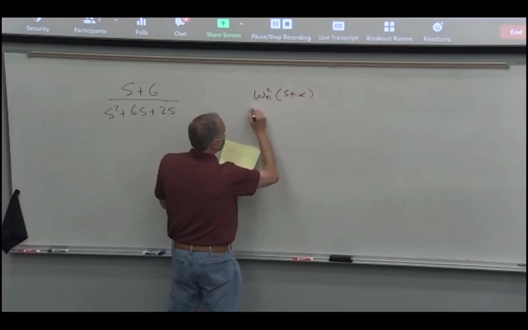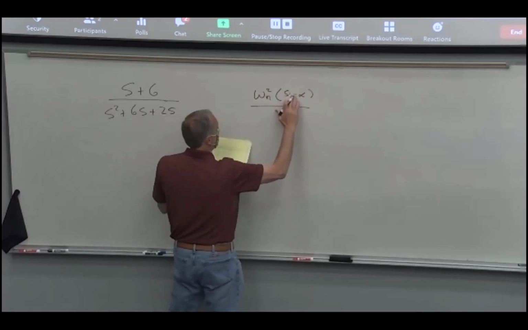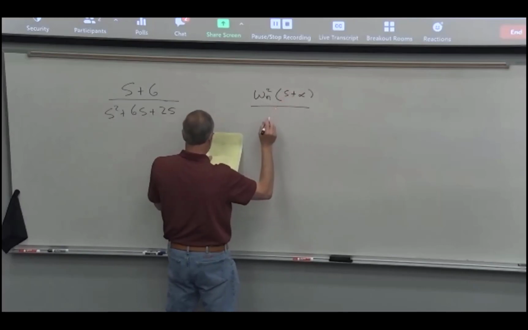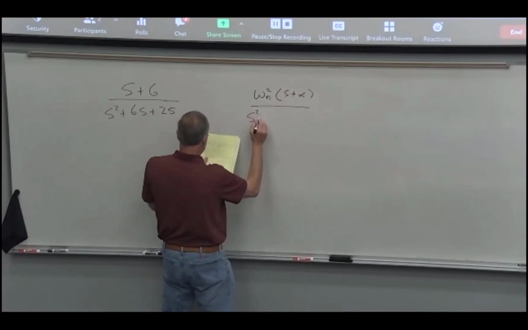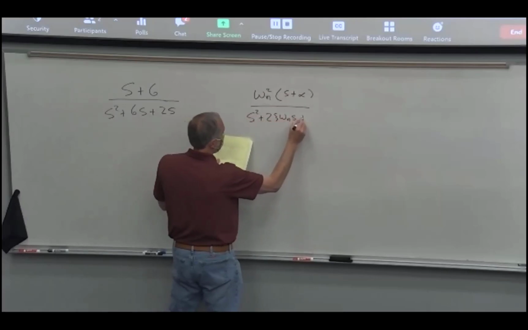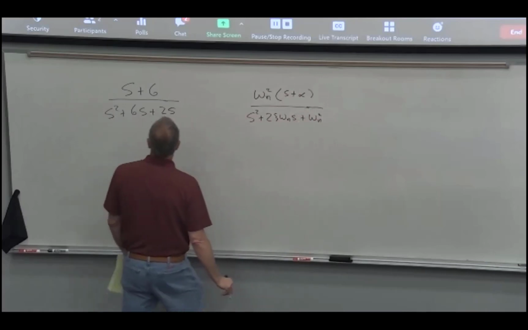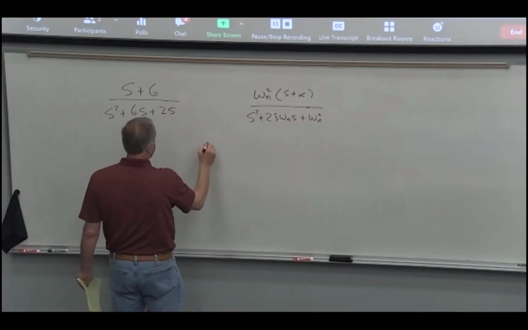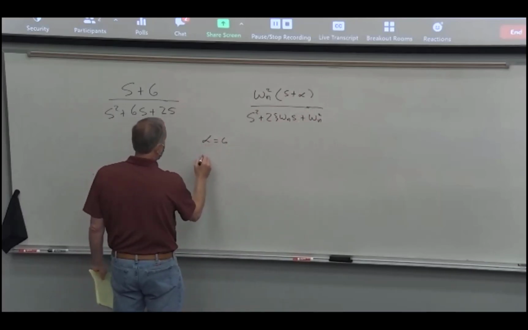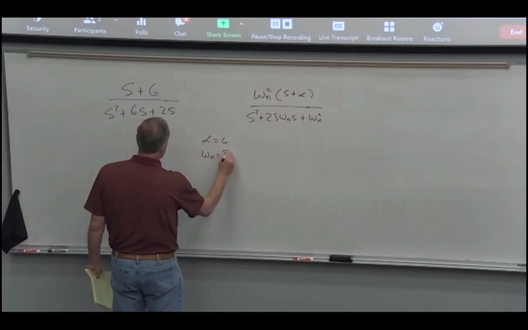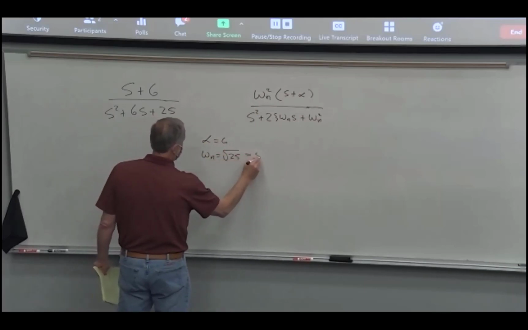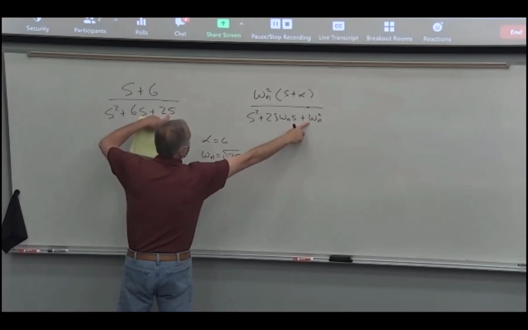That look like this. And so we said alpha is 6, and omega n is the square root of 25 by matching these up.